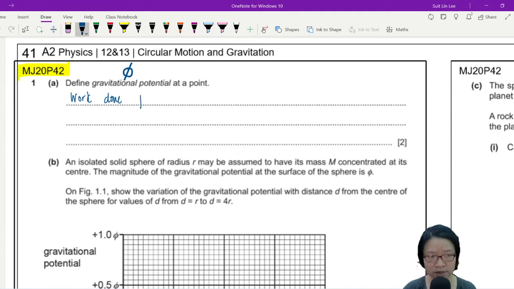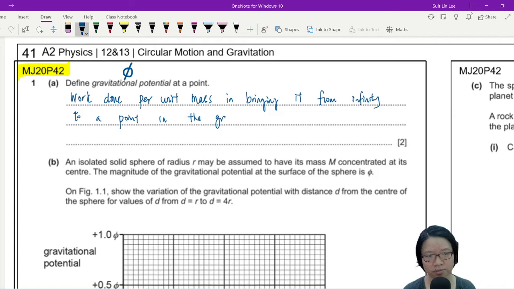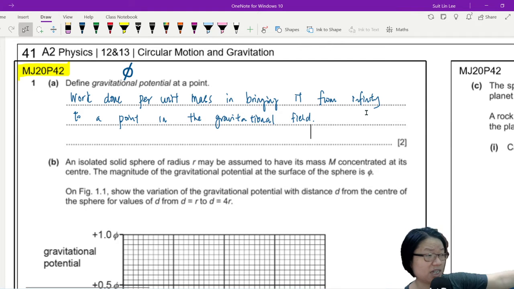Not just work done, it's work done per unit mass in bringing it from infinity to a point in the gravitational field. Check out the lecture video where we went deep diving into why we define bringing it from infinity. The short answer is gravitational potential at infinity is 0. So we start measuring from 0, which is great.